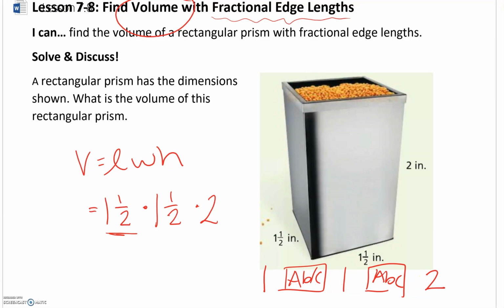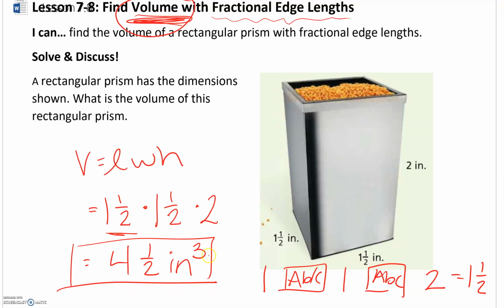You can type that into the calculator, and that's the same as saying 1 and 1/2. If I type that into my calculator, I get 4.5, and it's inches, but now we're talking about volume, and volume is 3, so I'm going to have cubed as my note here.